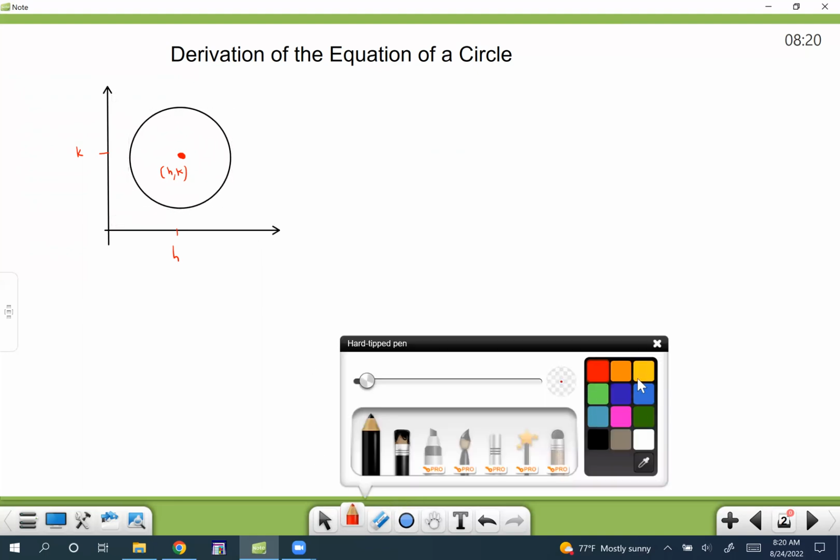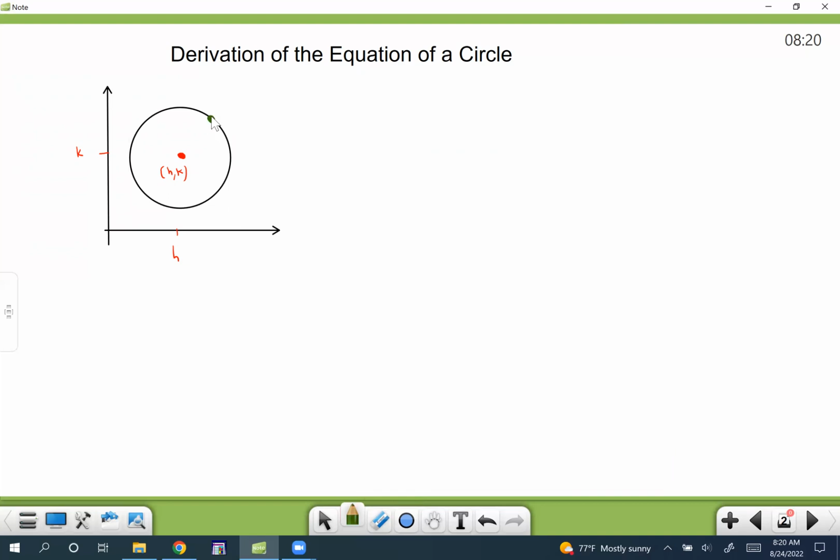Now I'm going to pick some random point on the circle. Let's just say I pick this one right here, and we're going to call that one just (x, y). I don't have to subscript it like I did in the previous section because I don't have 2 points labeled with x's and y's. This is going to be the only point, so no need to subscript. So we'll just call it generic x and y, okay?